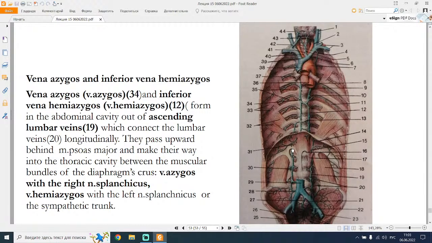They pass upward behind musculus psoas major and make their way into the thoracic cavity between the muscular bundles of the diaphragm's crus, vena azygos with the right splanchnic nerve, and vena hemiazygos with the left splanchnic nerve or sympathetic trunk.